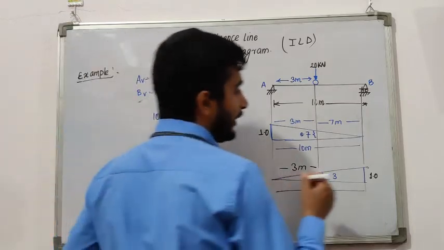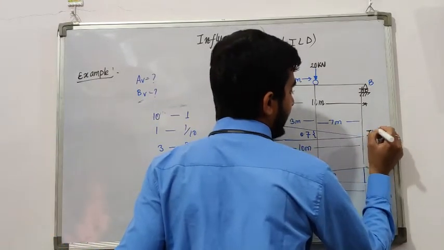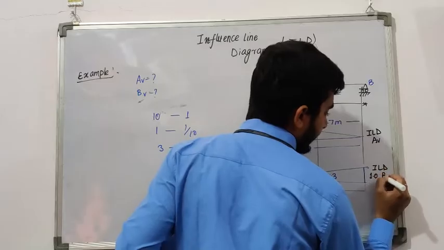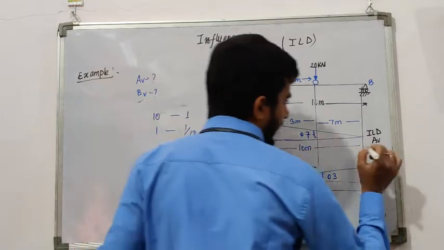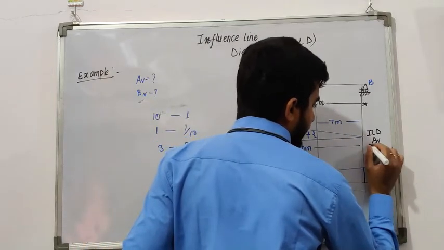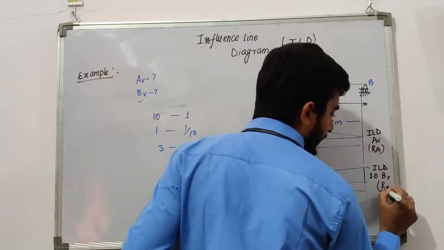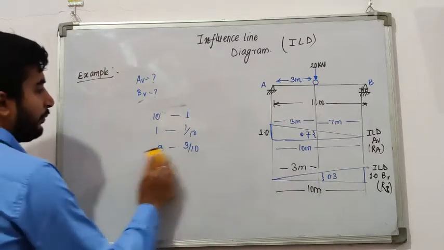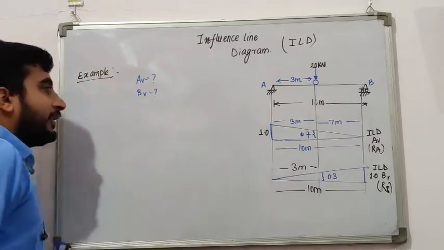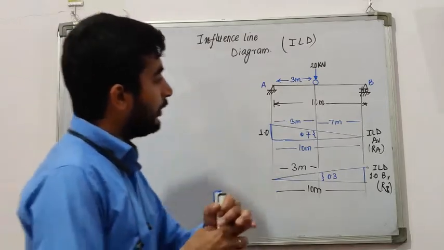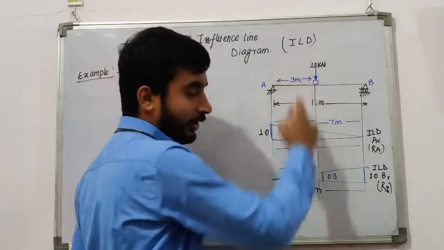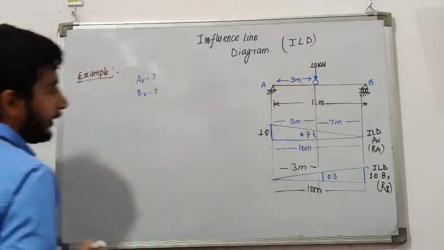And hope you remember that this was the ILD for AV and this was the ILD for BV. I won't mind if you write AV as RA or BV as RB. These terms might not be familiar to you. So I take this load and multiply it with the corresponding ordinates on these ILDs.